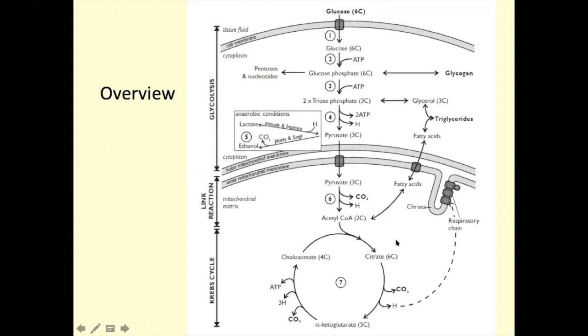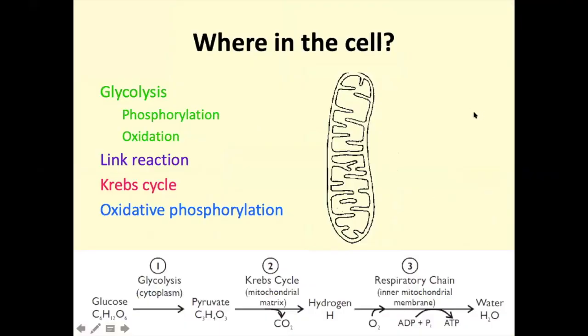So that's a very short overview of the process. From what I've just said, where is this occurring in the cell? You can keep an eye on the reactions here. We've got glucose, C6H12O6, going to pyruvate, C3H4O3.